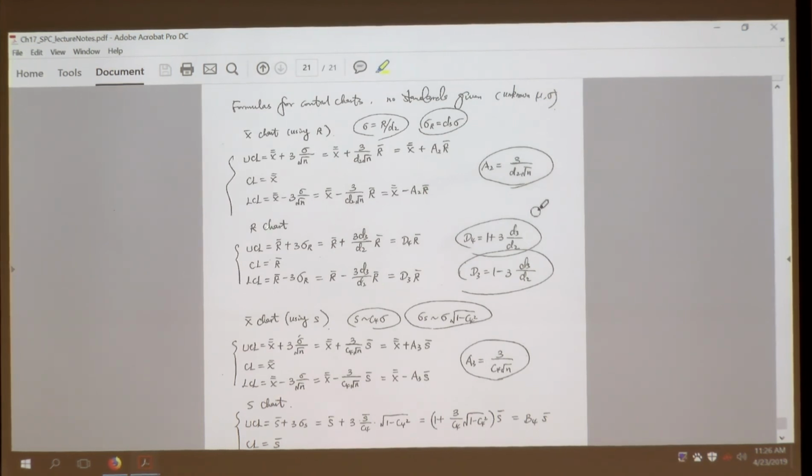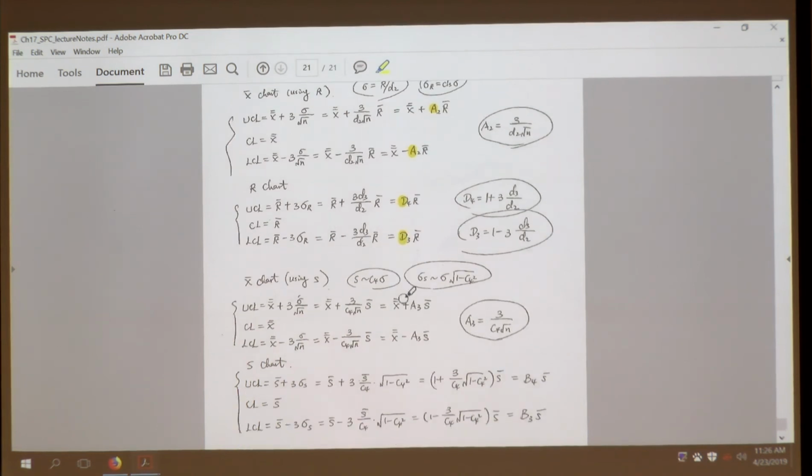And for the R chart, you need R bar, and also D4 R bar and D3 R bar. This is also given in the table. D3, D4, and A2 are not constants. They vary depending on the sample size you have.